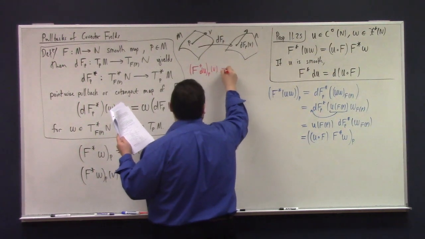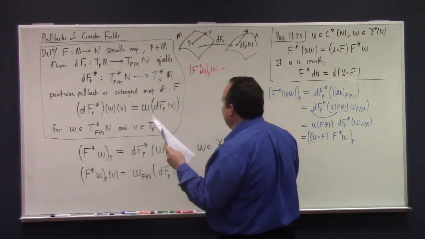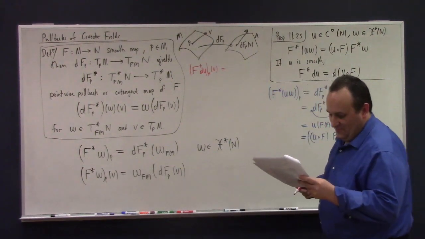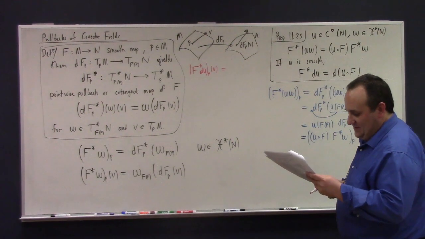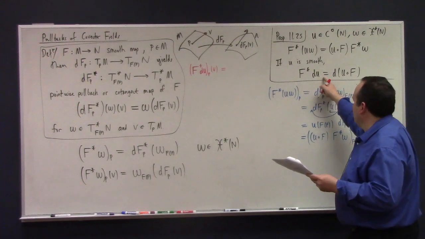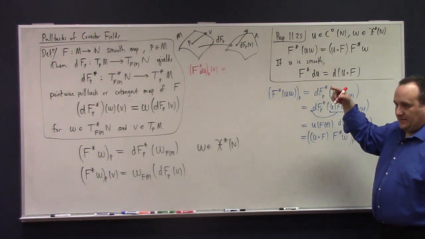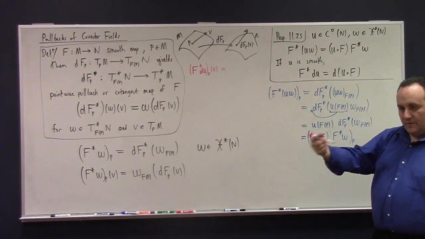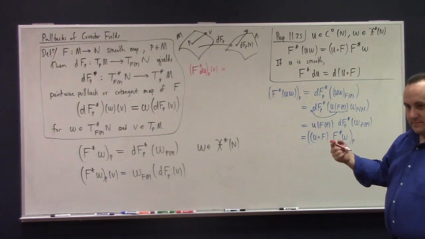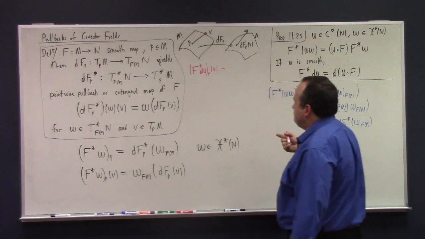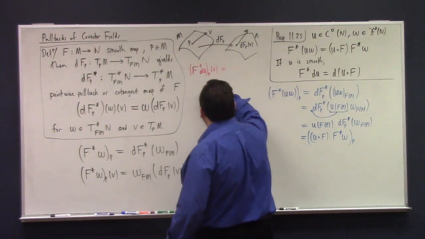Ooh, that's more controversial. All right, so the pullback under f of du acting on v. So now we're working on this part. To understand an identity like this, usually you feed it a vector, so you can understand where the vector goes. If it's true for all vectors, then the identity is true, right? Okay, so what's next?